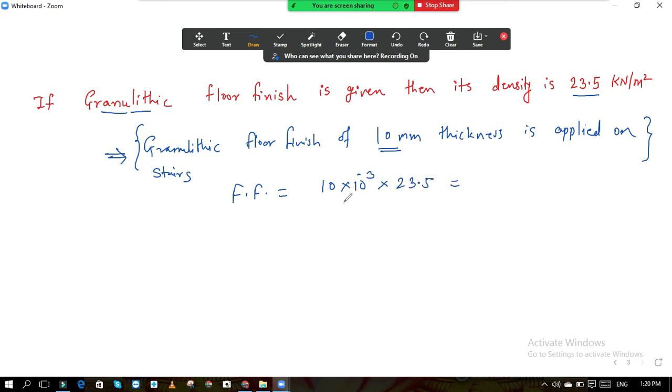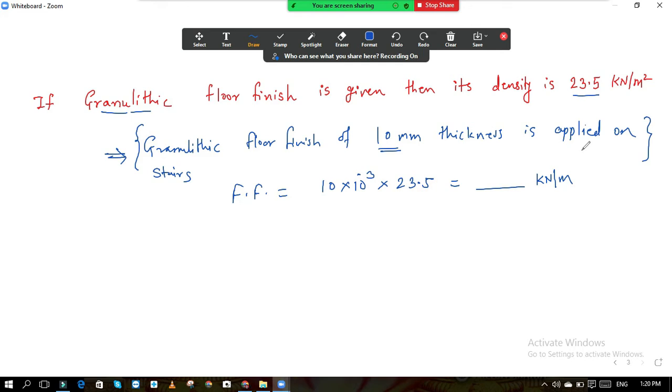Whatever the answer, you should take it in kilonewton per meter. It is kilonewton per meter square, but as we have considered 1 meter width, if you multiply it by 1 width, the unit changes to kilonewton per meter, and as you are multiplying by 1, the value will not change.